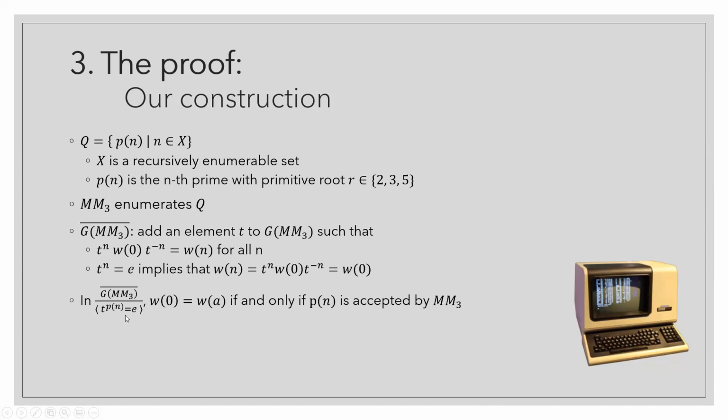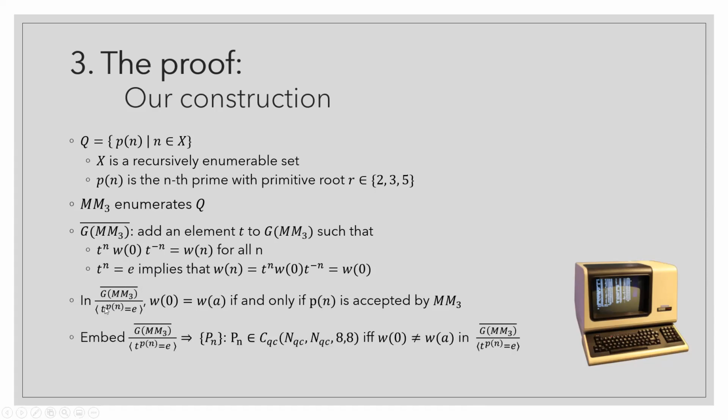Then we can look at the quotient group, where we take the extension group modulo the relation T to the P_n equals identity. This is how we set the order of T inside the extension group. In this group, with the properties introduced above, we can say that W0 equals W of A if and only if P of N is accepted by the Minsky machine MM3.